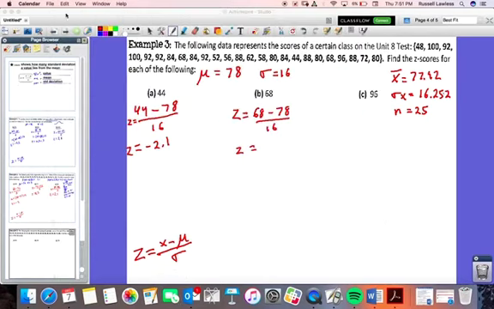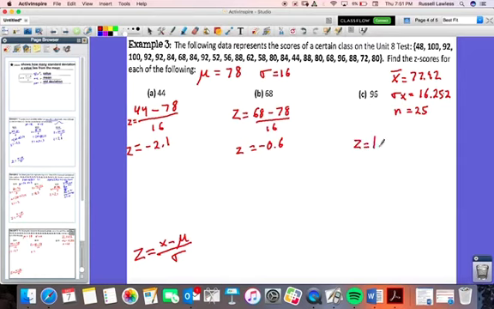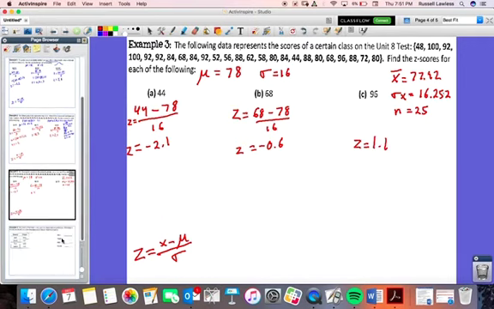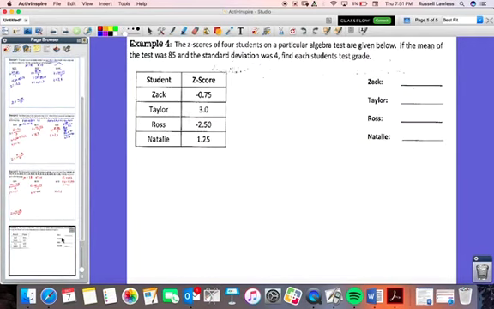Uh-oh, new calendar. And that will be equal to negative 0.625. You can just leave it as negative 0.6. And I'll let you do this last one. I won't show the process, but I'll just give you the answer where the z is going to be equal to 1.1.